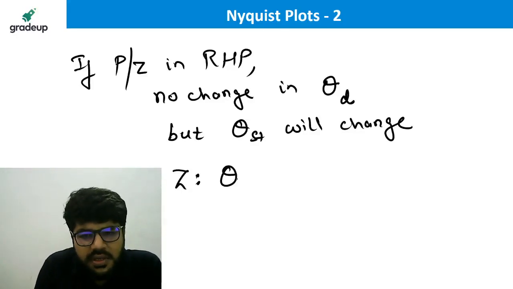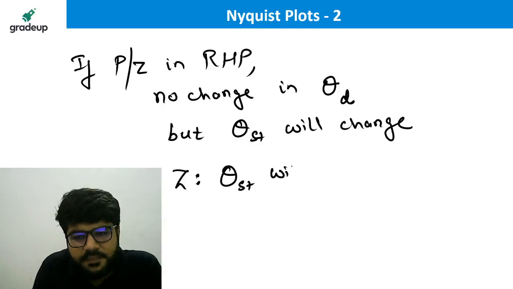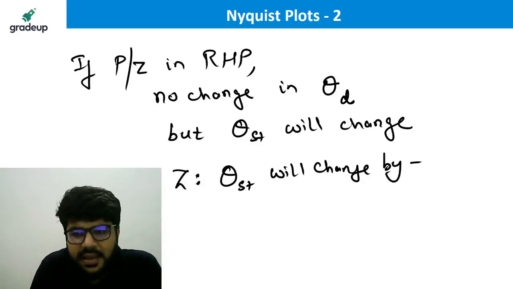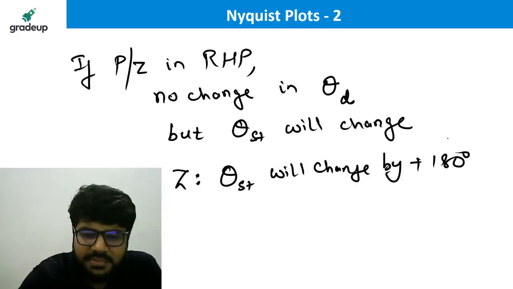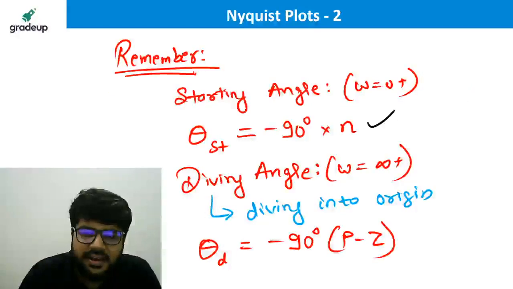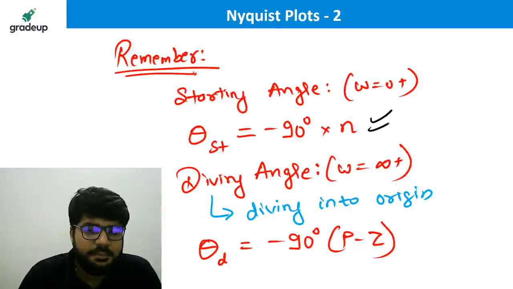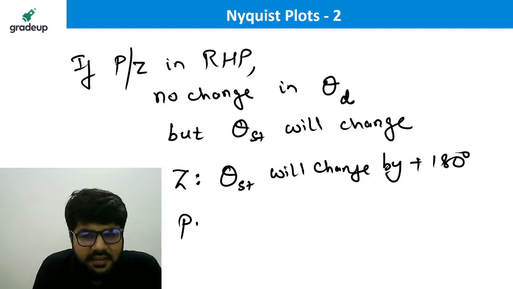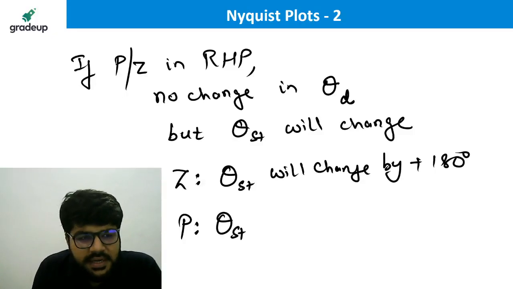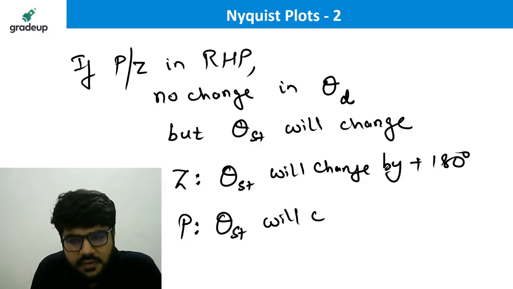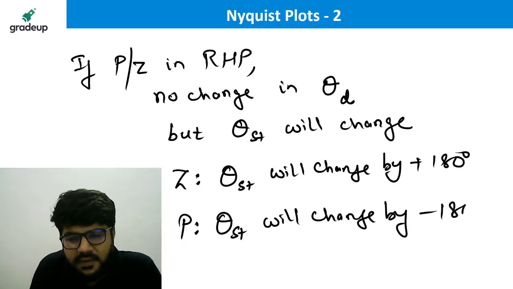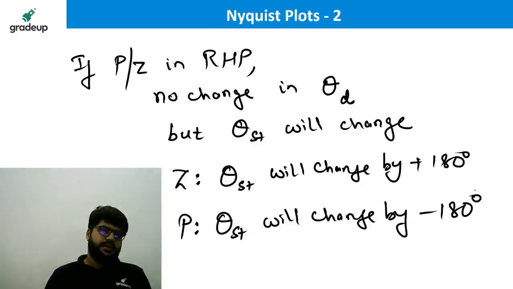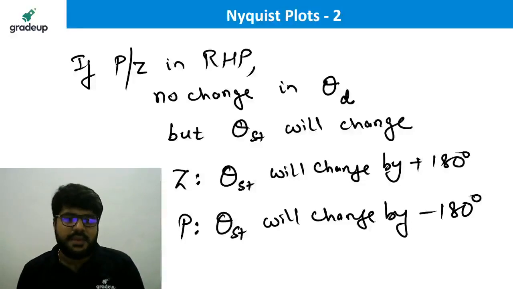For a zero, the theta st will change by plus 180 degree, meaning whatever theta st you are finding here, you add plus 180 degree. And if there is a pole in the RHP, the theta starting will change by minus 180 degree.